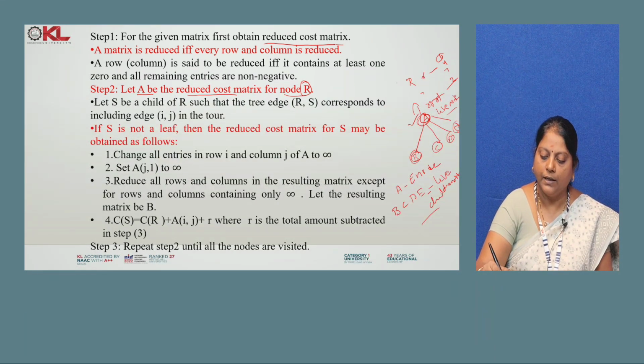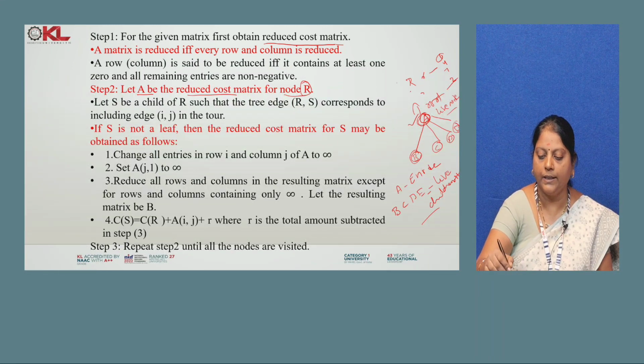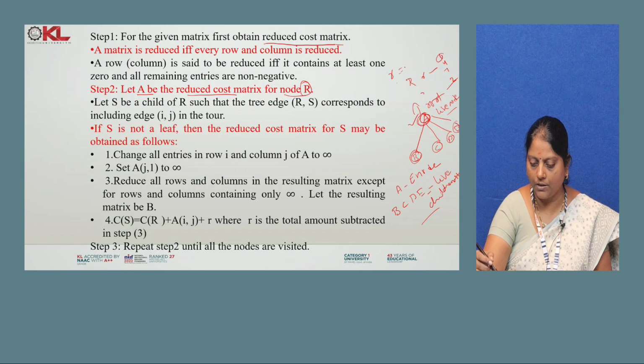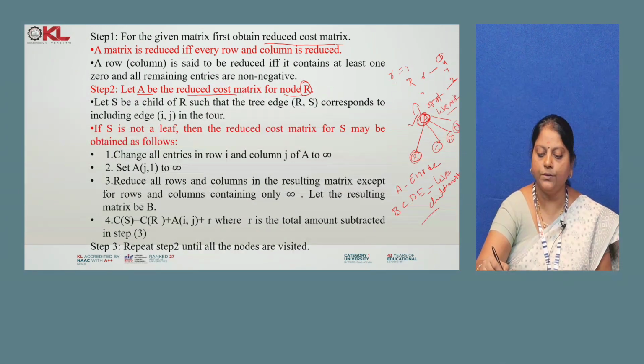What is the cost of this root node? The cost of this root node is the reduced cost of the given cost matrix. Let it be 25.